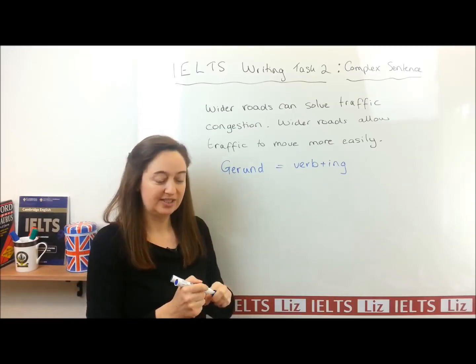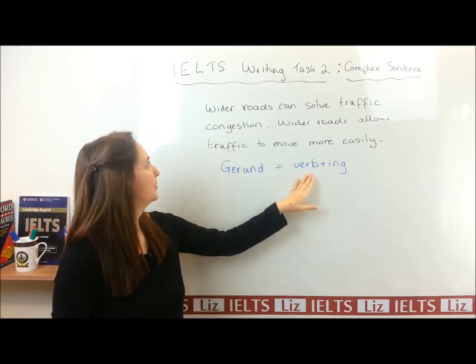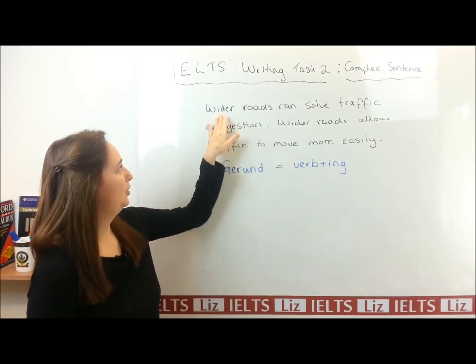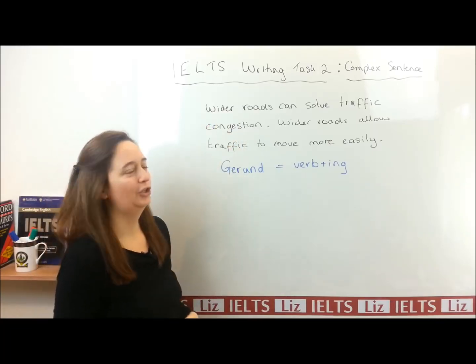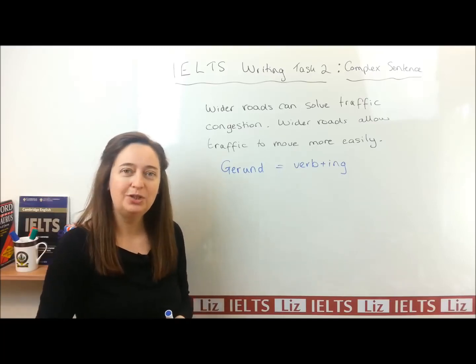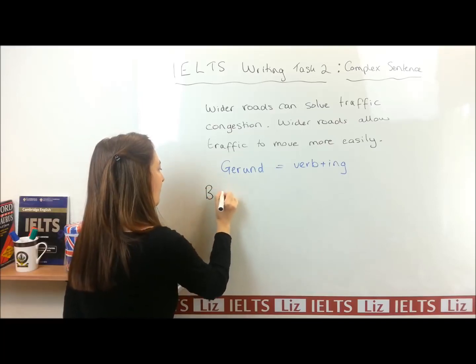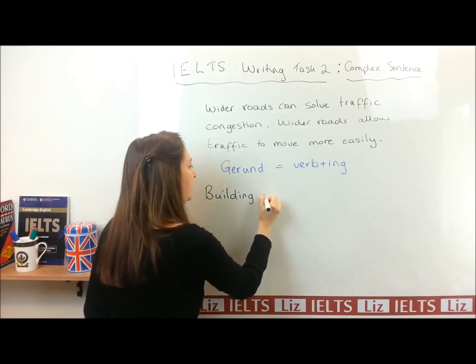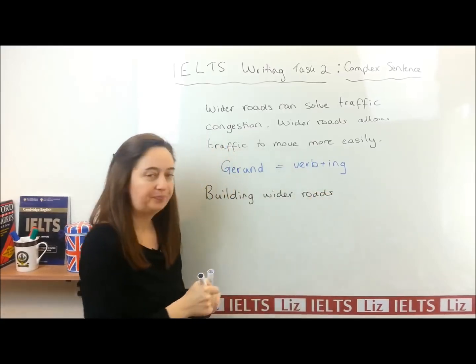So let's start our sentence with that. Now, what verb can we use? Well, we could use make, making wider roads. We could use constructing wider roads. But I'm going to use building. Building wider roads.